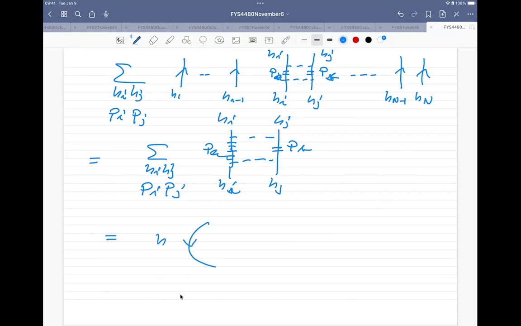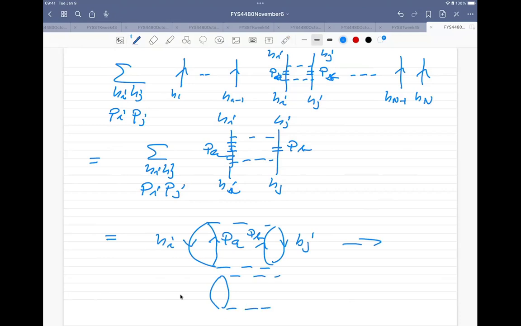So we would have an H of I, and then we have a P of A, and then we have a P of B, and finally an H of J. And often what we do then is simply to skip this notation with H of I and H of J. If we now reserve the letters I and J, K and L and so on to whole states, we would simply write this one as an I and J and then A and B. So this would be the way by which we would think of this physical process.